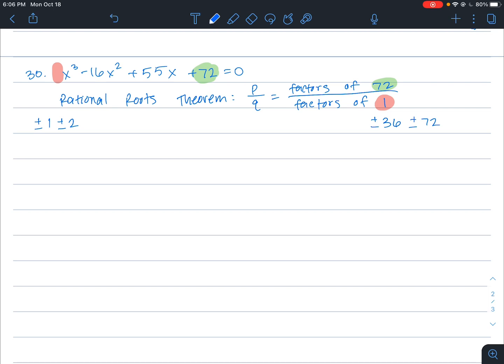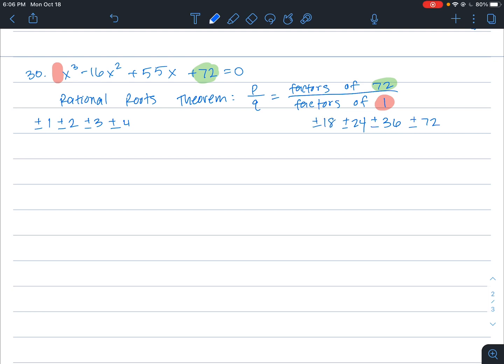I'll do 72 divided by 3, so it's divisible, so plus or minus 3, plus or minus 24. 72 divided by 4, and I get plus or minus 18, plus or minus 4, and it would have to go with 18.